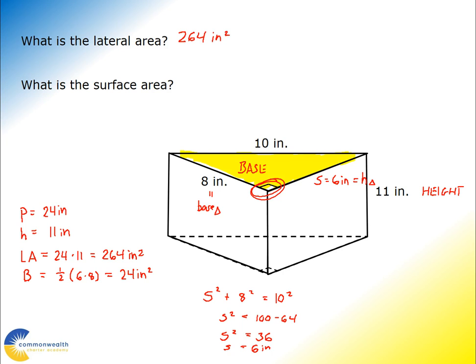Just make sure you don't do that for other triangles. This works for a right triangle because I do have two sides that are perpendicular, so I can have the two legs being a base height pair. Whereas if I have other triangles, although I can let one of the sides be the base, I usually have to calculate the height using trigonometry and things like that. So now I know the area of the base. I have to take the lateral area plus 2 times the area of the base, and I get 312 square inches.